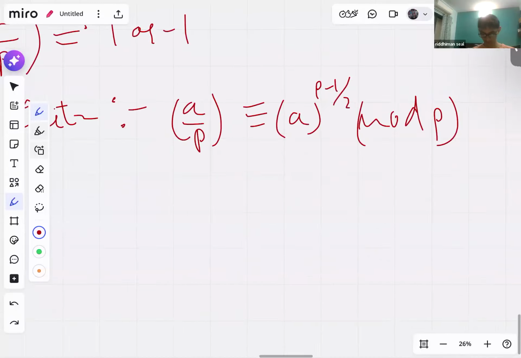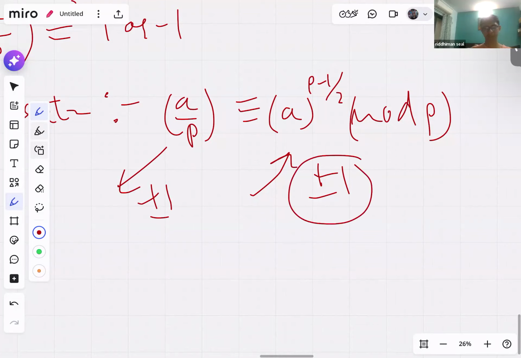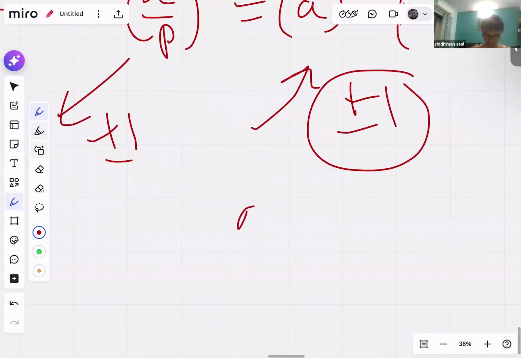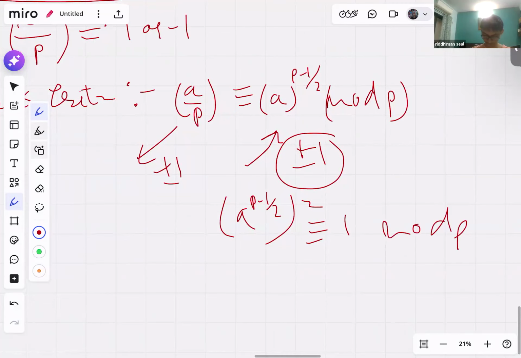Okay, firstly, this will give plus minus 1, right? Do you see that? We know that this is plus minus 1. Are you sure that this is plus minus 1? Yes, because this thing squared is congruent to 1 mod P. So this thing itself is plus or minus 1 mod P. Nice.